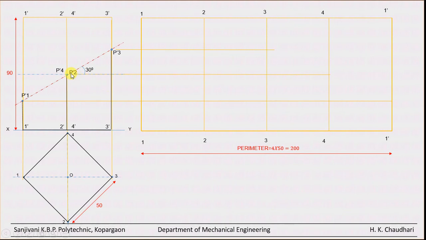Now for point number 2, P2 point. So horizontal line taken from point P dash 2, and exactly on this vertical edge, this is the point P dash 2, clear? Similarly, the same line of projection is for P dash 4.